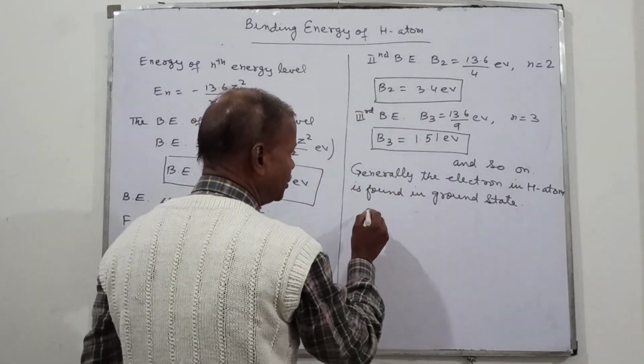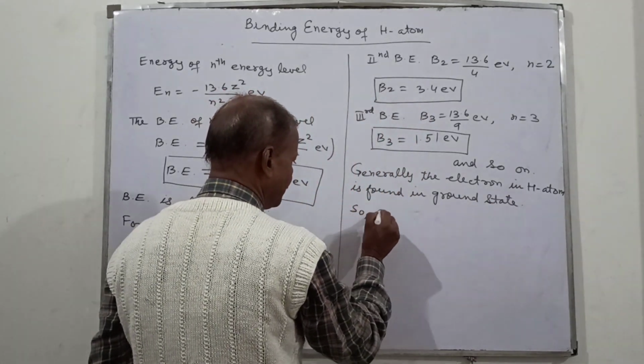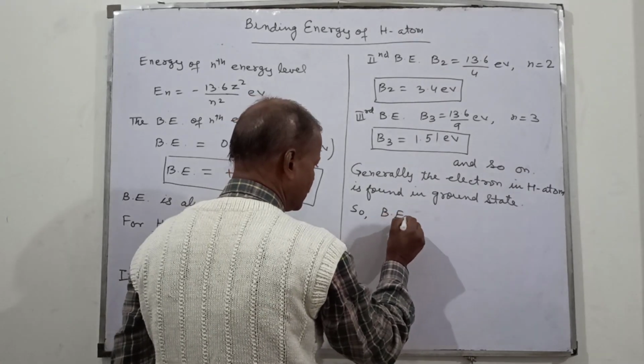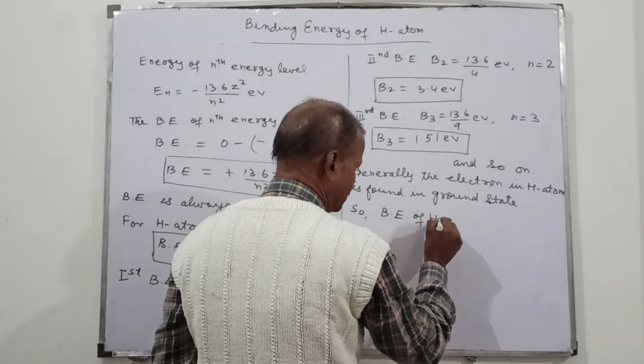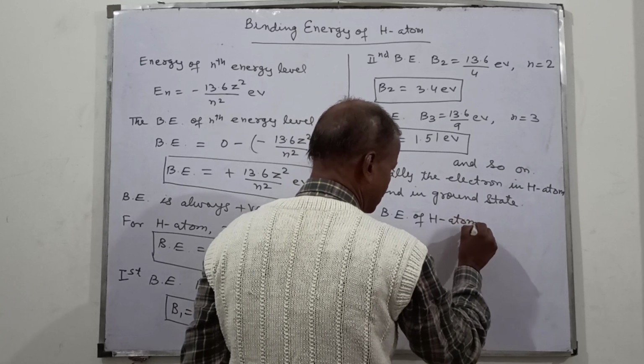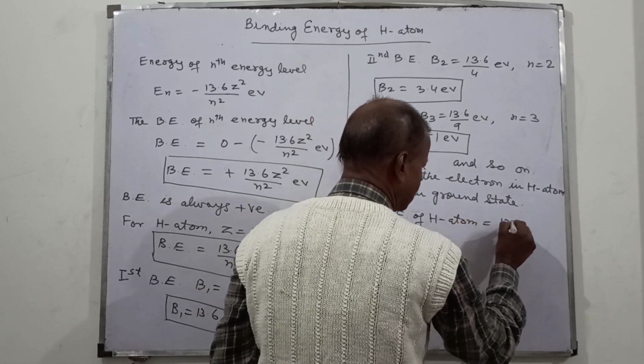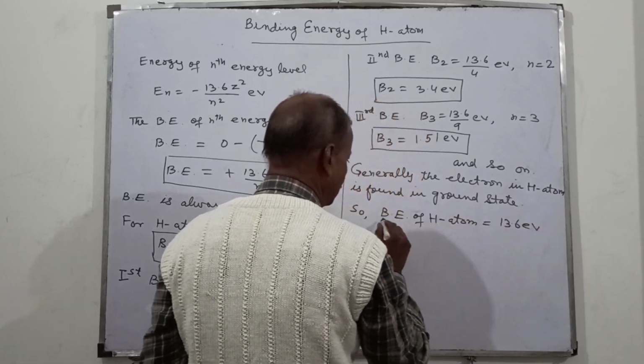So the binding energy of the hydrogen atom is equal to 13.6 electron volt.